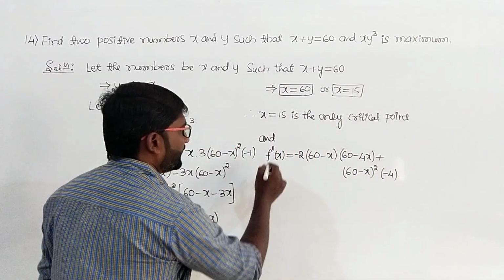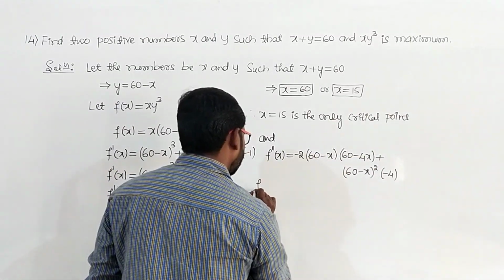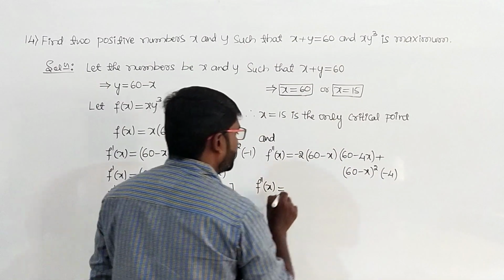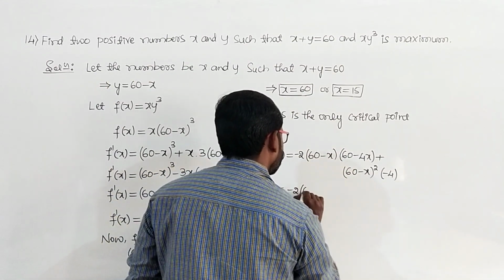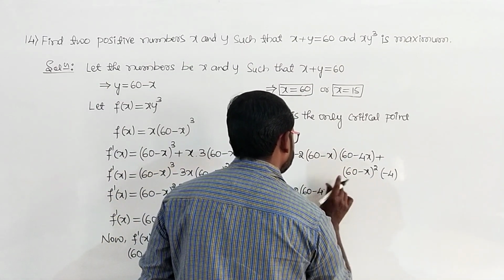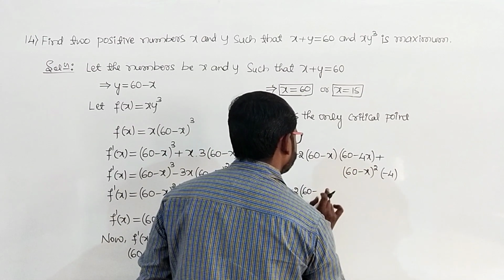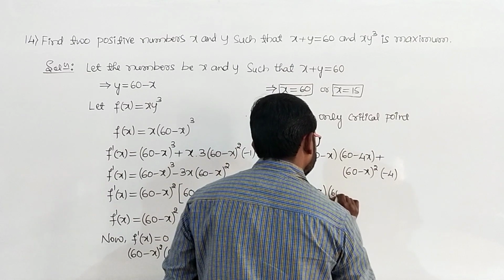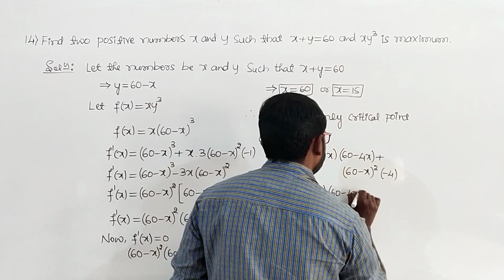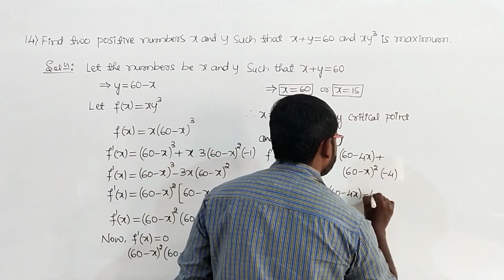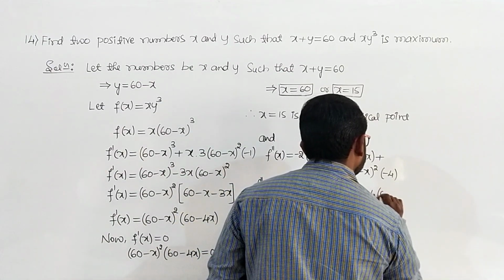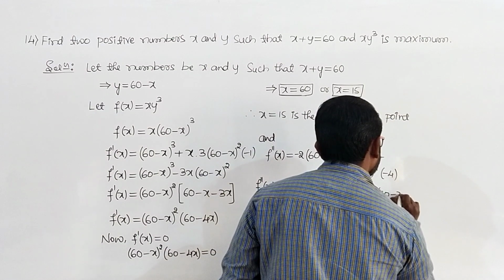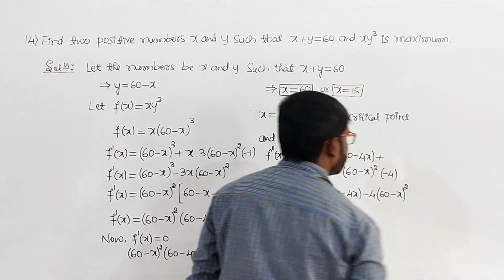So now we'll rearrange the terms. f double dash of x is equal to minus 2 times 60 minus x into 60 minus 4x, then plus into minus, it is minus 4 times 60 minus x the whole square.